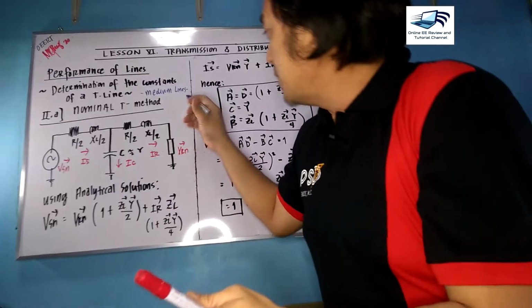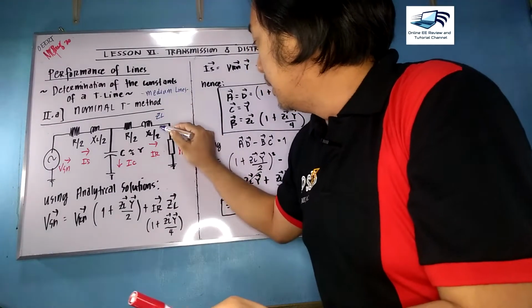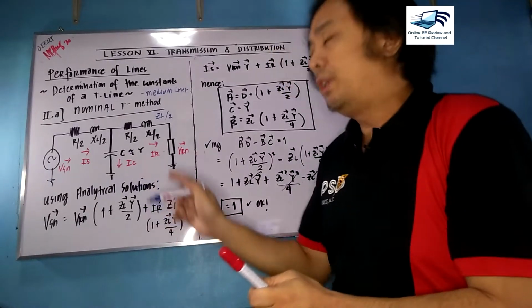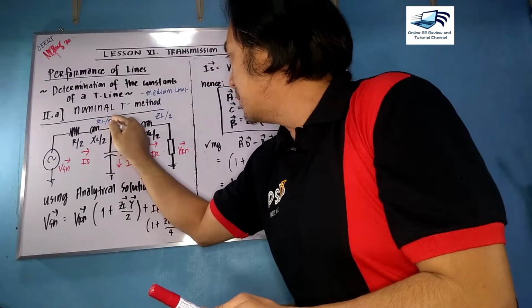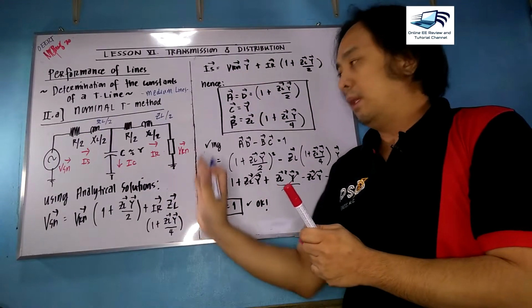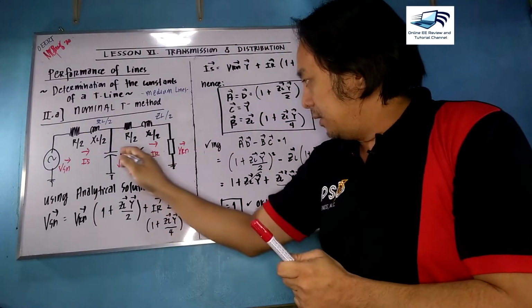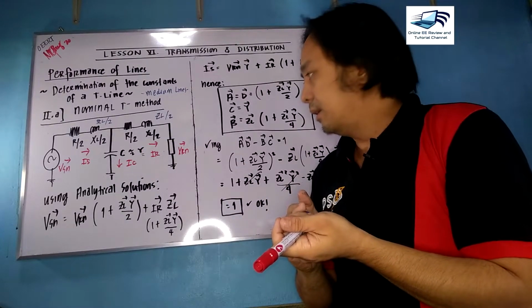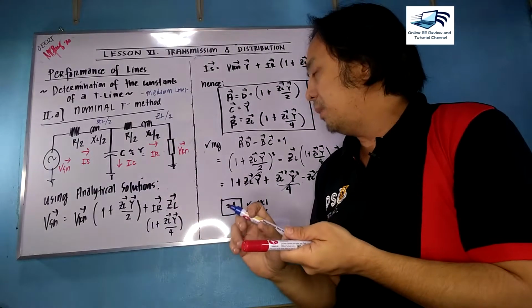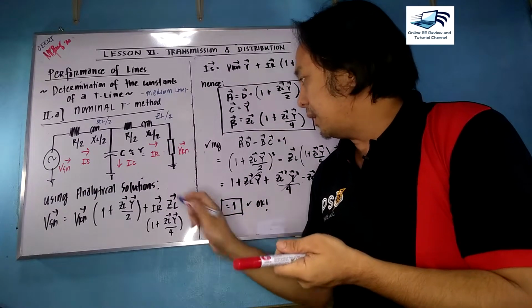So here we can say that this is your ZL over 2, or your admittance half, also on the sending end, and this one is your lumped admittance Y.